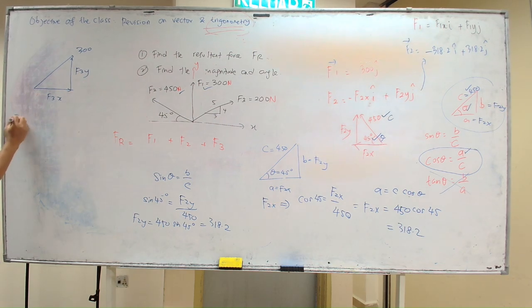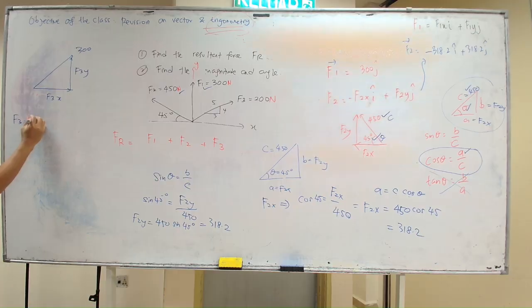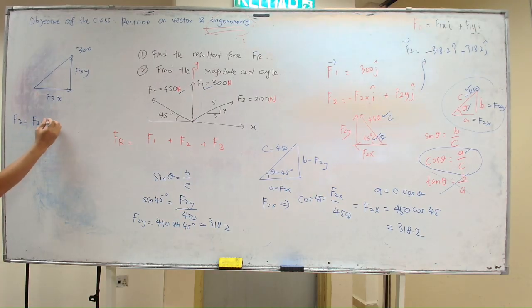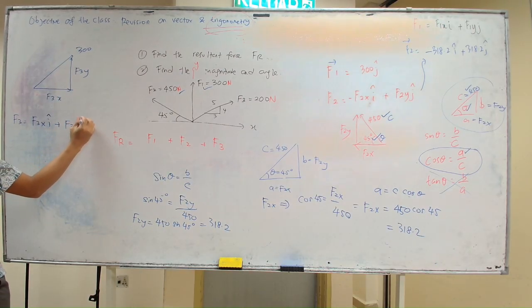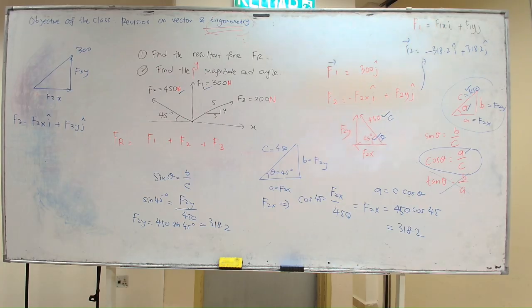So the F3 is a combination of F3x at what direction? I direction plus the J direction. So what you need to calculate is the F3x value and F3y value.